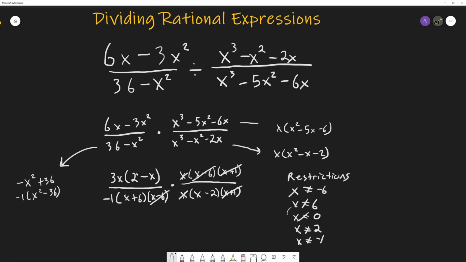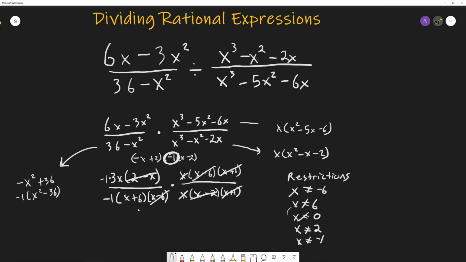If I were to rewrite this, it'd be a negative x plus a 2. And if I were to take out a negative 1, it'd become x minus 2. So those are the same terms, so we have a negative 1 here, but these would cancel, and I'd still have that negative 1, so the negative 1 would stay out.